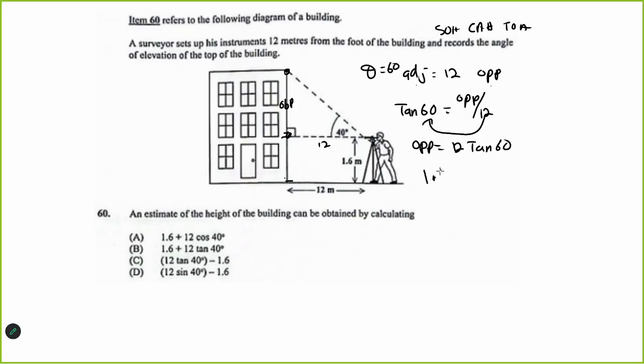So it'll be 1.6 plus 12 tan, sorry, it's not 60, it's 40, my bad. 12 tan 40, it would be B. So B is your answer for number 60. Right, and that is the end of May, June 2025.